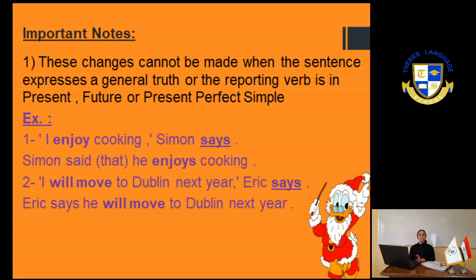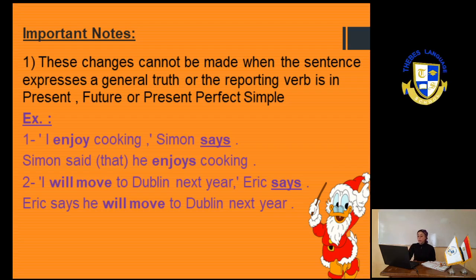Okay, let me tell you another way. "I enjoy." Can you see "enjoy"? In which tense is this verb? Exactly, the present simple tense. Now, "he enjoys." In which tense is "enjoys" here? The present simple tense too, right? Exactly.